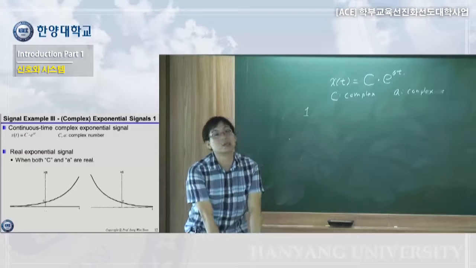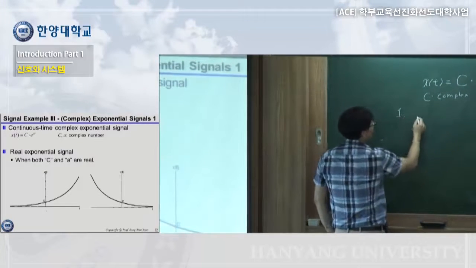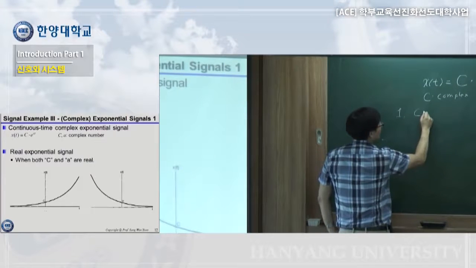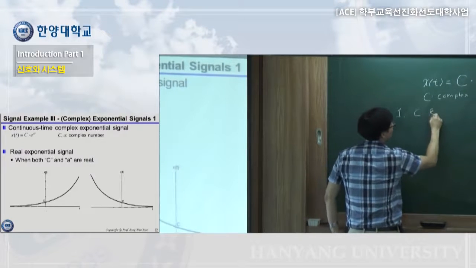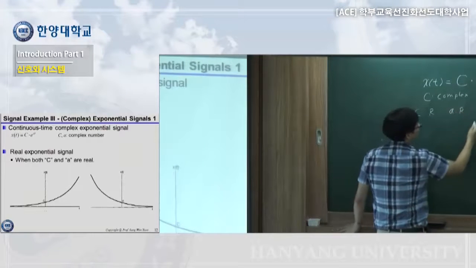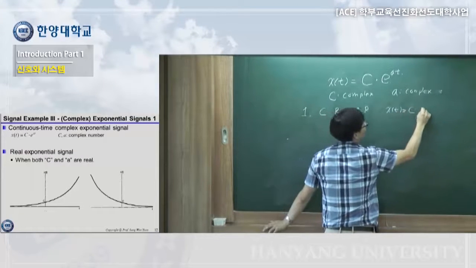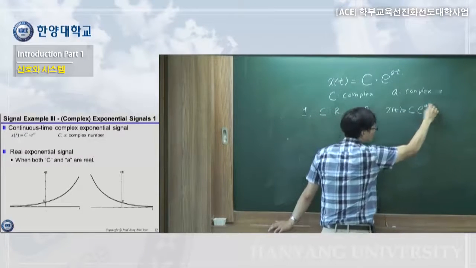How do they look? If C is real and A is also real, we can simply say real times e^(At).